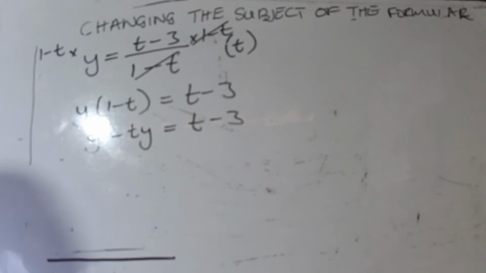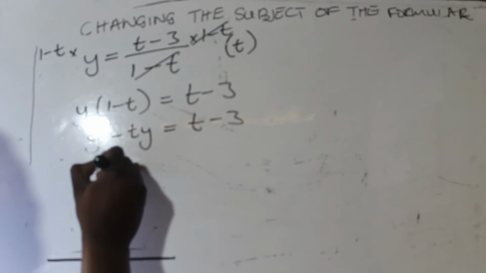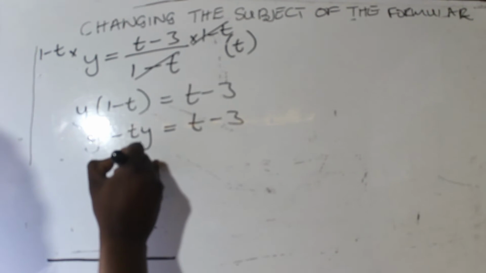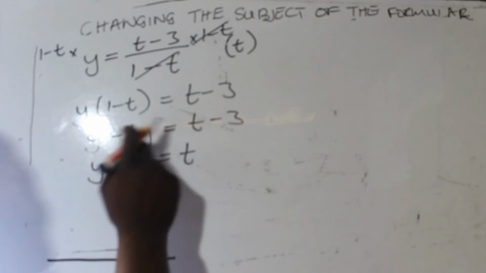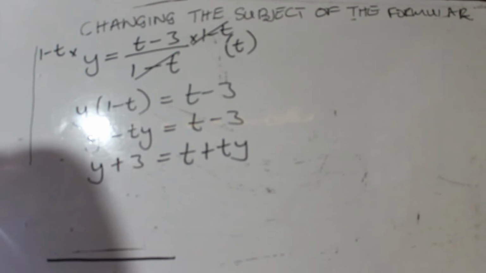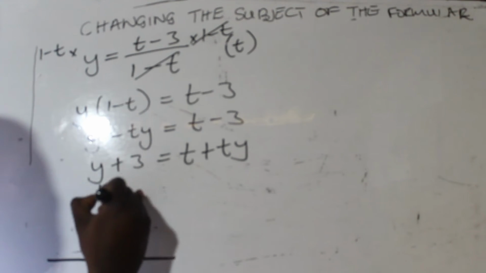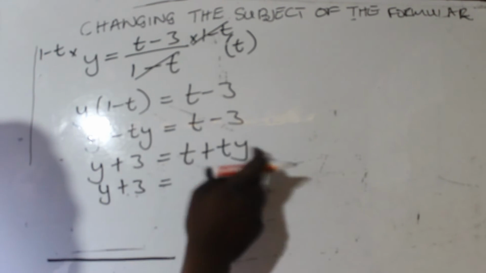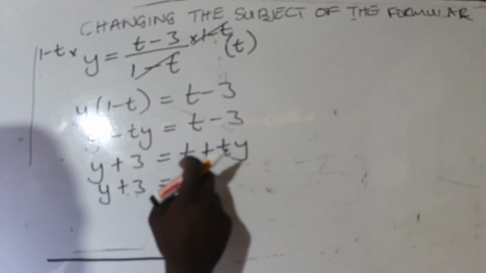Then to make t the subject of the formula, we have to collect the like terms. This one has t and there's t here. So negative 3 is jumping to this side, it becomes positive 3. Then negative ty jumps to this side, it becomes positive ty. Then y plus 3 is equals to t, which is common here.